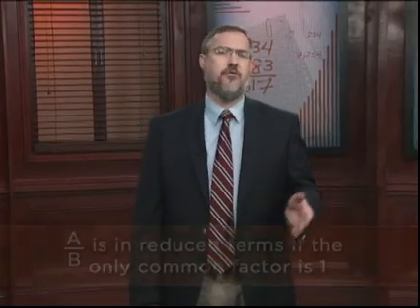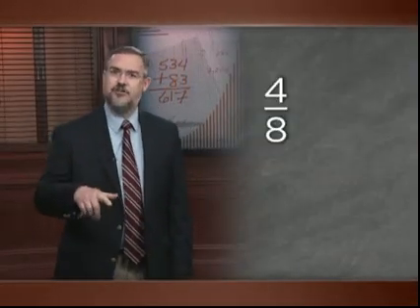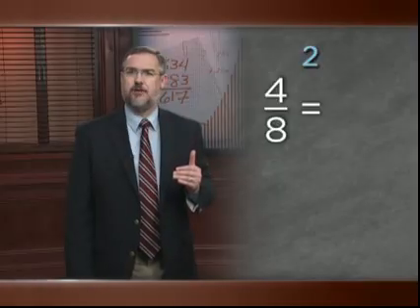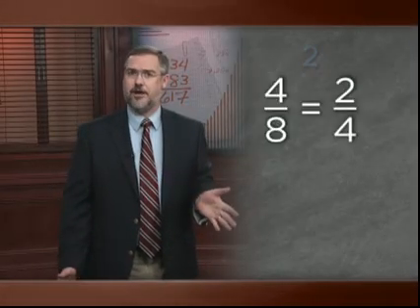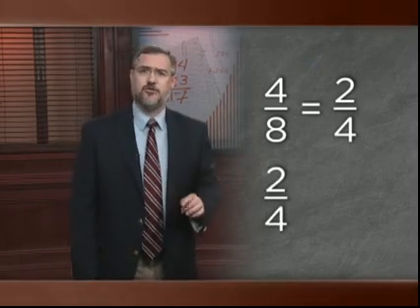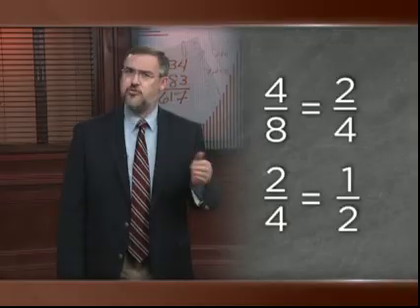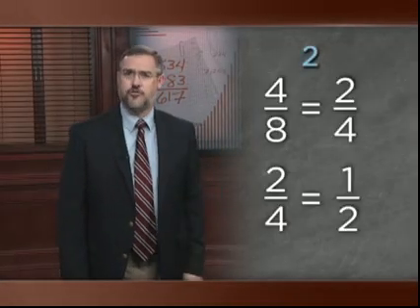So, for example, 4/8, or 4 divided by 8, is not in reduced terms because both the 4 and the 8 share a common factor. In this case, a factor of 2, because 4 is evenly divisible by 2, and 8 also is evenly divisible by 2. 2/4 is also not in reduced terms because the 2 and the 4 also have a common factor, again a 2.